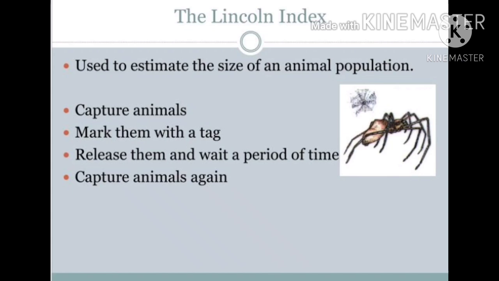It is widely used to estimate animal population size in a particular area. It is very difficult to count each and every animal present in a particular area to estimate population size.